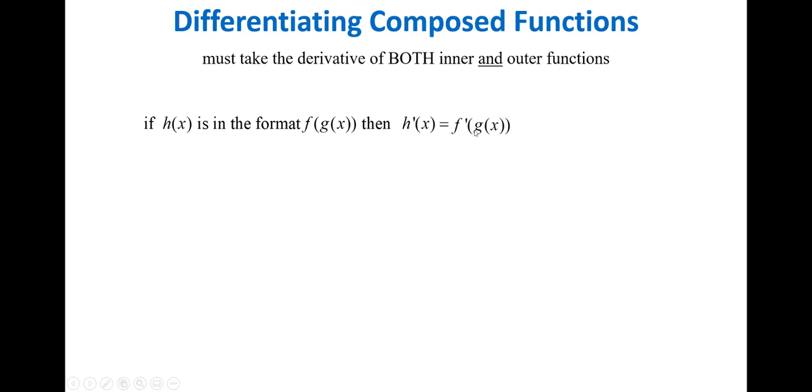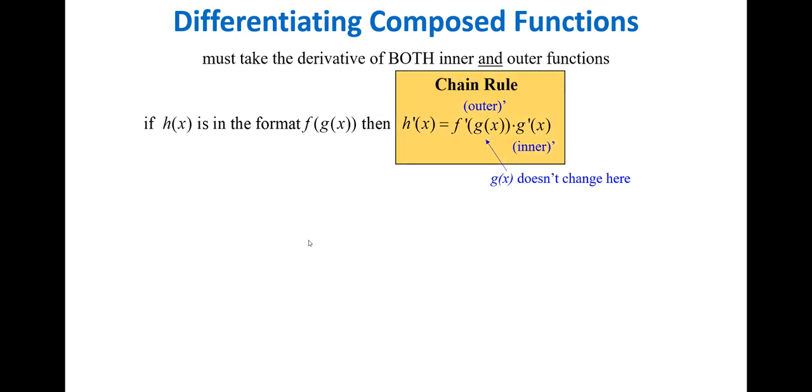And notice that this is g and not g prime. So it's f prime of g of x times g prime of x. The way you would say this, it's the derivative of the outer function times the derivative of the inner function. Chain rule is the procedure for taking the derivative of a composed function.